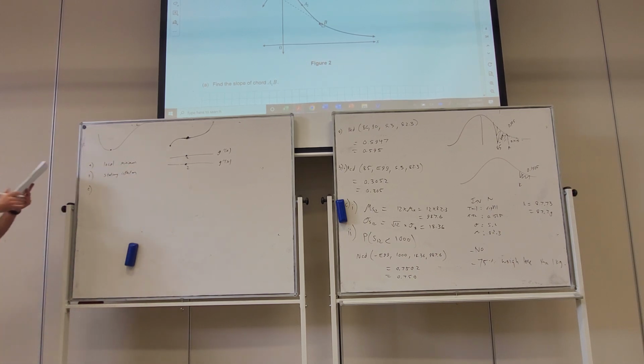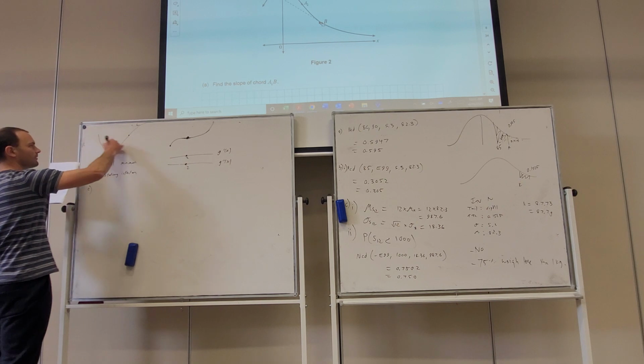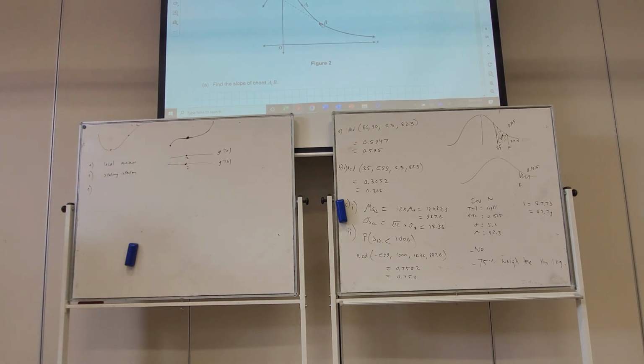Part C. The graph of y equals f of x in figure 6 has one point of inflection at x is 5. So f of x has a point of inflection there, concave up to concave down, at x is 5. Determine the intervals for which f dash of x is increasing.